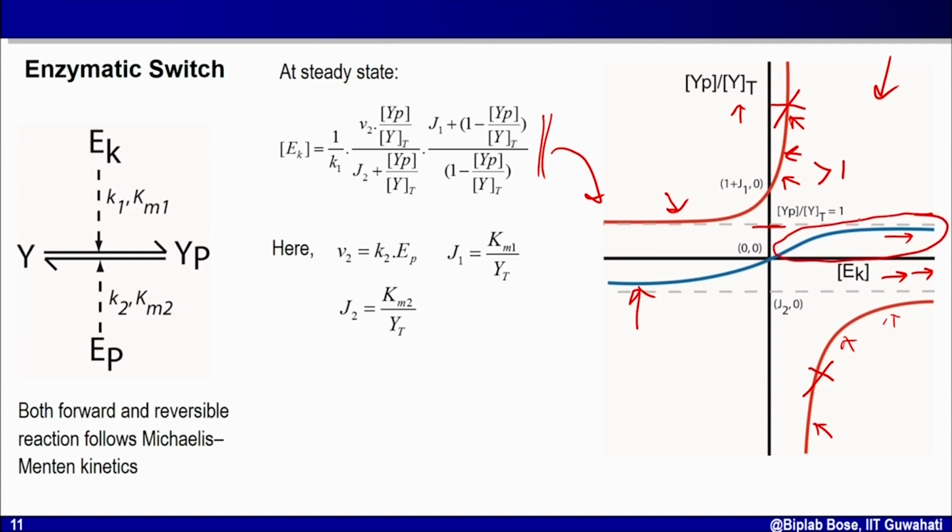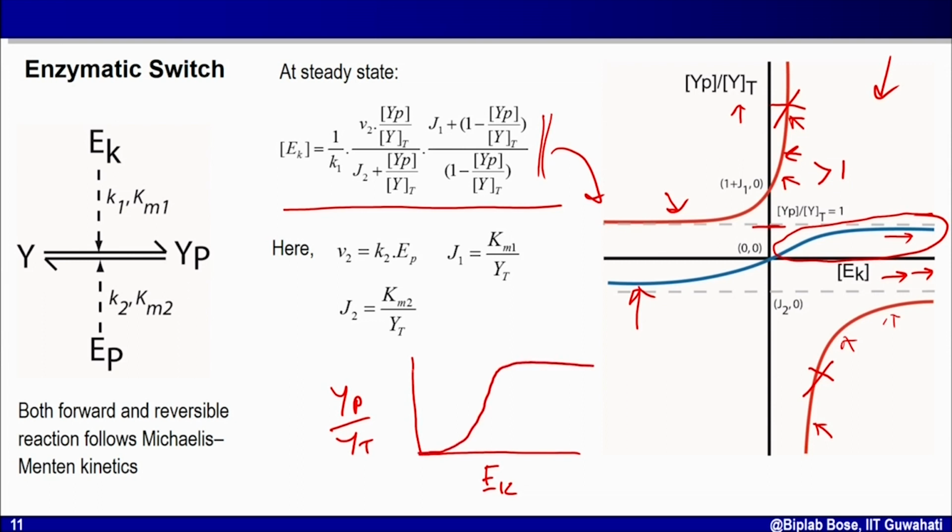In this region, this blue line is working like a sigmoid curve, initially increasing and then saturating near 1. So what I get here from this algebraic relation is that if I remove all those impossible things, then if I plot Ek on my horizontal axis and Yp by Yt on my vertical axis, the behavior will be a sigmoidal one where it will saturate at a maximum value of 1.